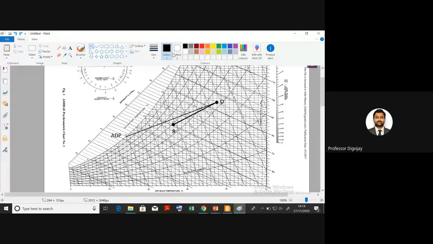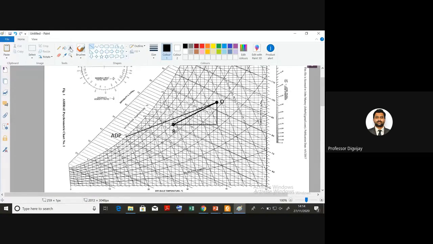So here, this will be the point, and this will be our triangle.